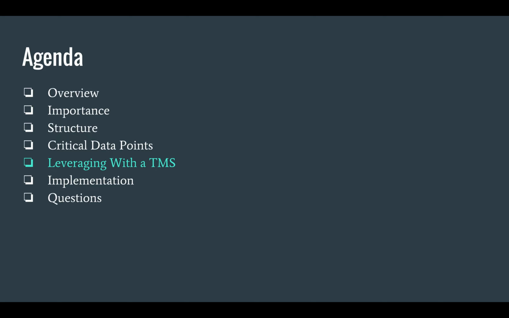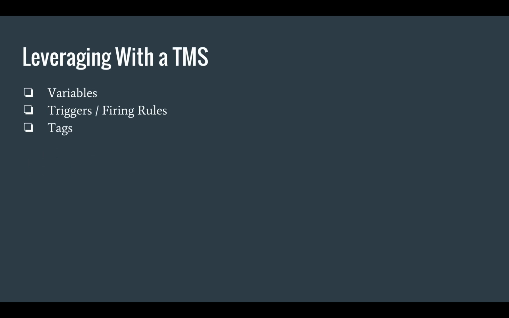Getting into a little bit of leveraging the data layer with your tag management system. Within a tag management system, the basics are that you're going to have your variables, which are the dynamic values that can be populated within the tag management system.